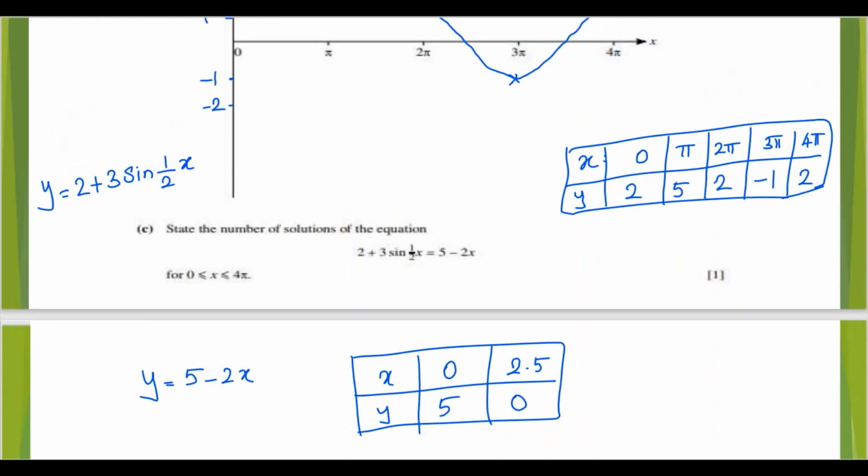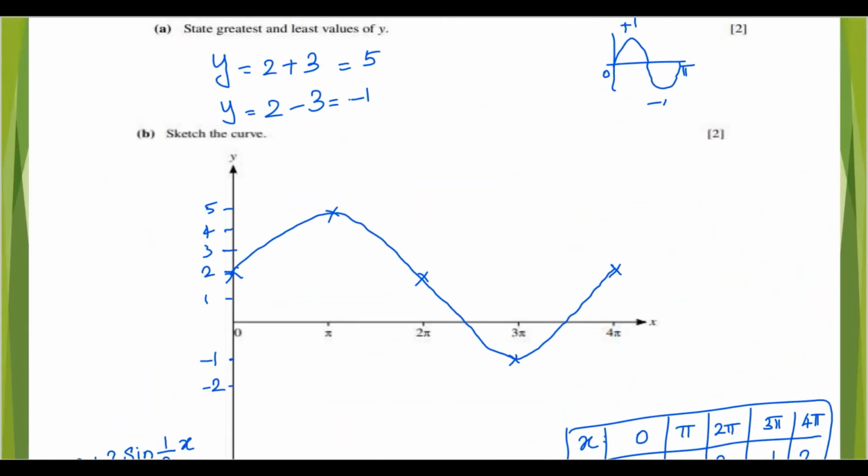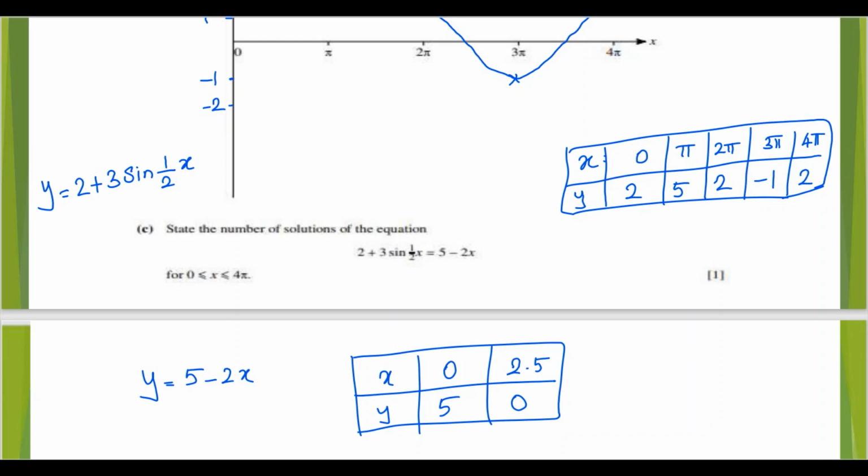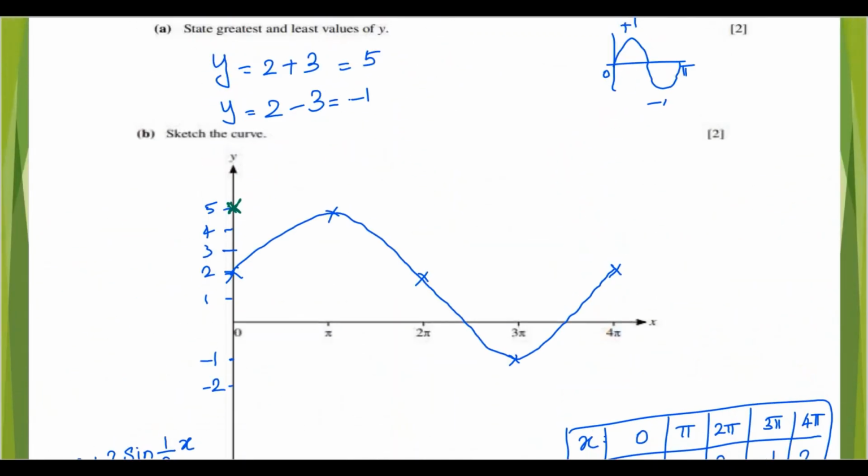Plot these points on the same diagram: 0, 5. So here 2.5 and 0. So pi is 3.14. So 2.5 will come somewhere here. y is 0.